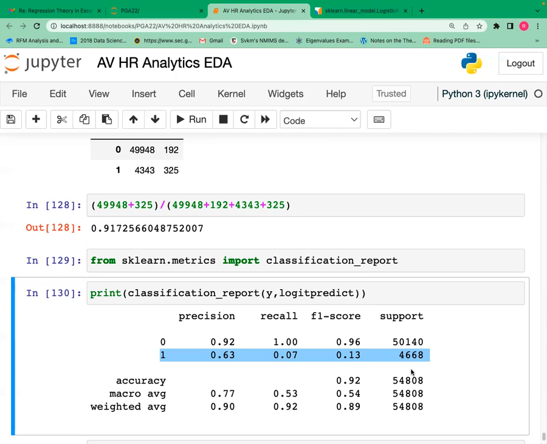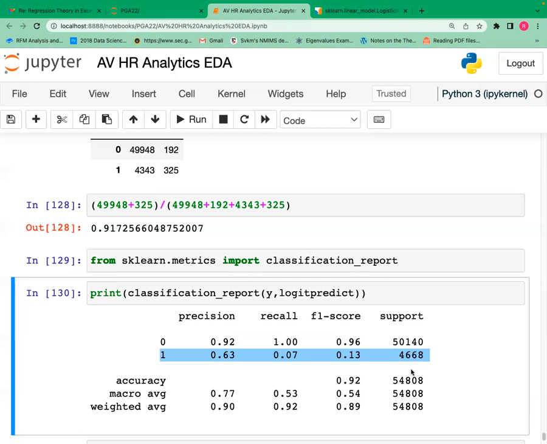Balancing means you make 50,140 equal to 4,668 by deleting some data, or you increase 4,668 to 50,000 by copying and pasting some random rows of data. Or you can create synthetic data and add it to the smaller class, which is the 4,668 class. These types are called undersampling and oversampling. We have to use these techniques.